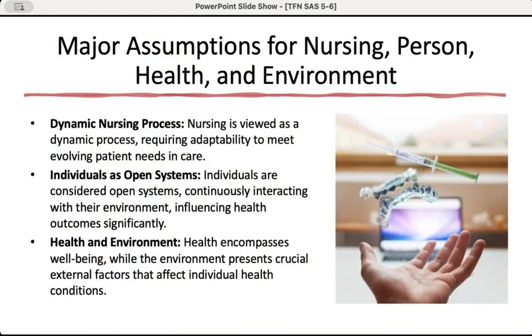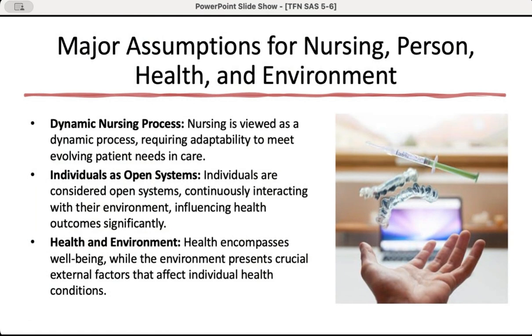Okay? So, assumptions in the metaparadigm, particularly in nursing, person, health, and environment: the nursing process is viewed as a dynamic process requiring adaptability to meet evolving patient needs in care. Individuals are considered open systems, continuously interacting with their environment, influencing health outcomes significantly.